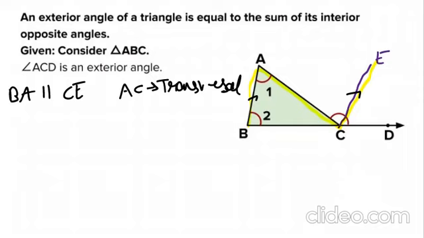Now, transversal means that this angle and this angle will be equal, not the full, only that part. Let us say that this is x, this is y. So we can say that angle 1 is equal to angle x due to alternate interior angles, correct?